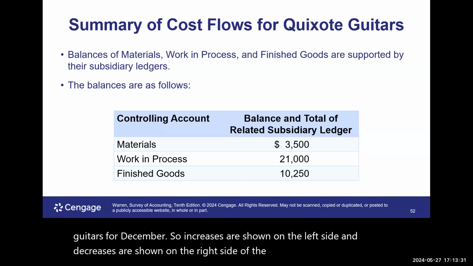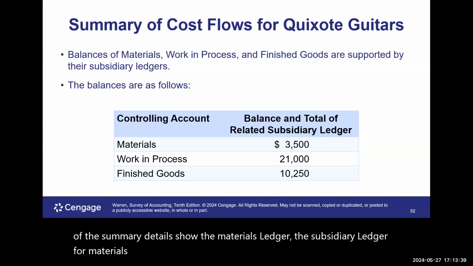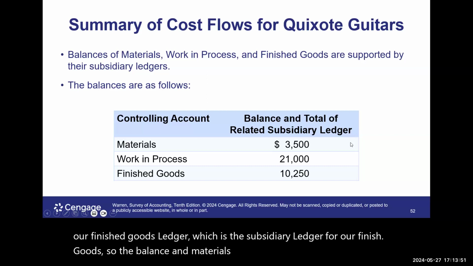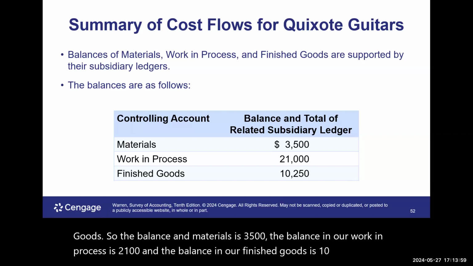In addition, some of the summary details show the materials ledger, the subsidiary ledger for materials, the job cost sheet, the subsidiary ledger for work in process, and our finished goods ledger, which is the subsidiary ledger for our finished goods. So the balance in materials is $3,500. The balance in our work in process is $2,100. And the balance in our finished goods is $10,250.